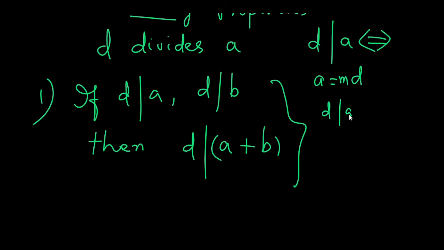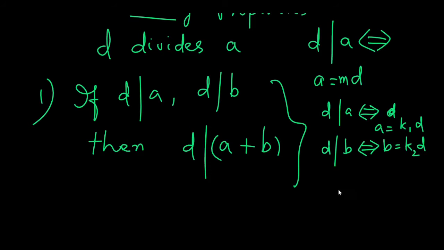D divides A means A is equal to some K1 into D. D divides B means B is equal to some K2 into D.